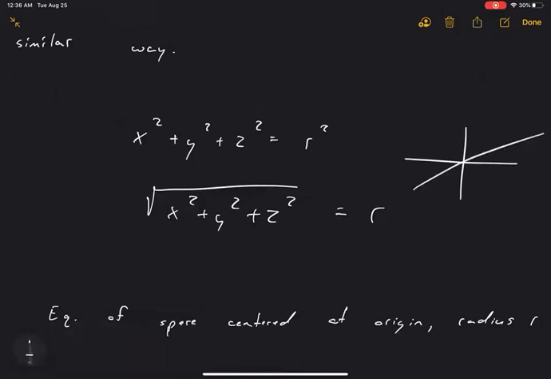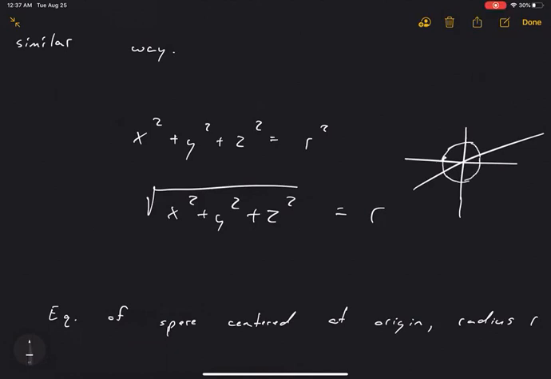I have a little R3 here. Let's say our r is, in this case, 1. So all the points that are 1 unit away from the origin. Well, this point is 1 unit away from the origin, so are all these points. I can start by drawing a circle in, what plane is that?